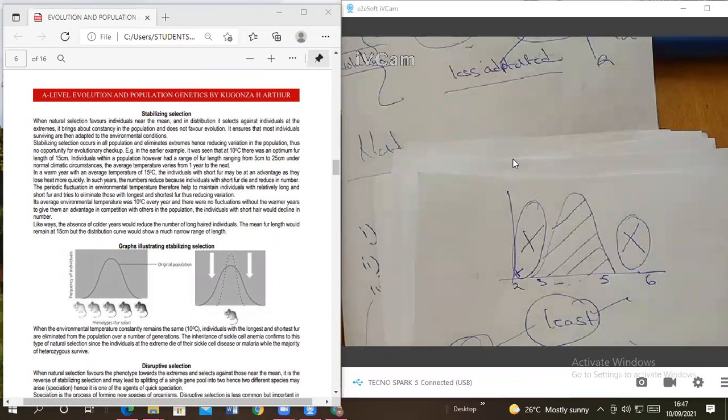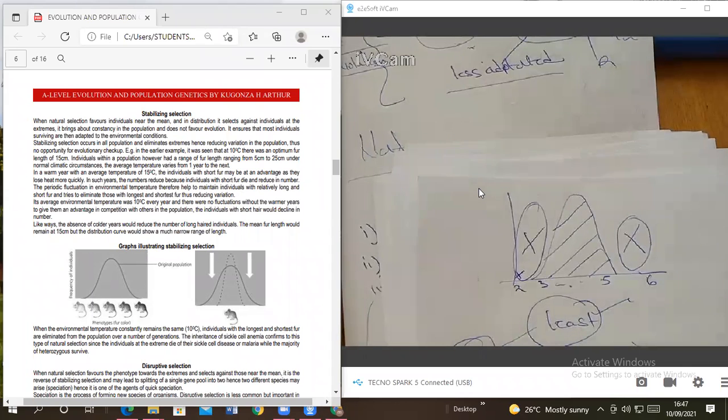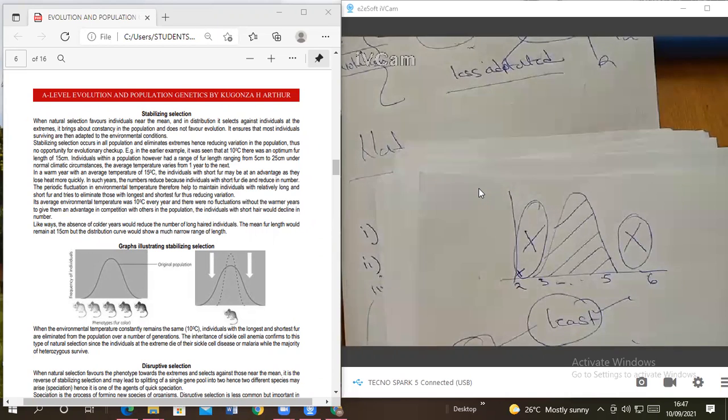There's no need for them to gain new characteristics. When they don't get new characteristics, no new species will be formed, because the environmental conditions are constant. The individuals remain the same. They are favored.